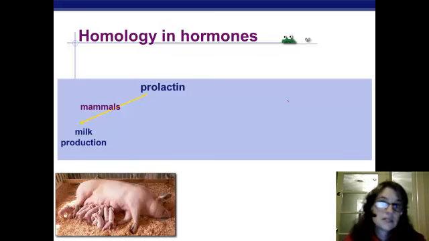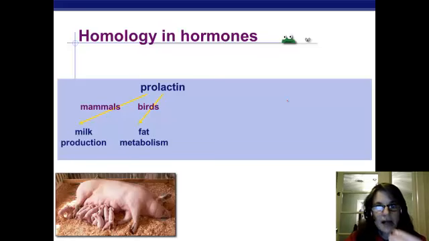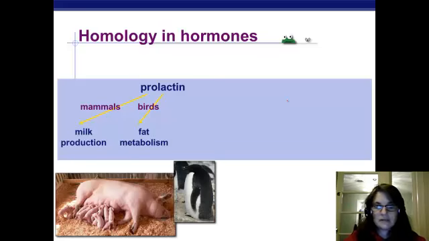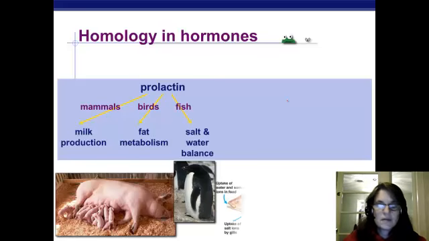Well, this can be seen in hormones and chemicals in living things as well. Prolactin, the same basic chemical, is used by different vertebrates in amazingly different ways. In mammals, we associate prolactin with milk production. In birds, it metabolizes fats. In fish, it deals with water balance.